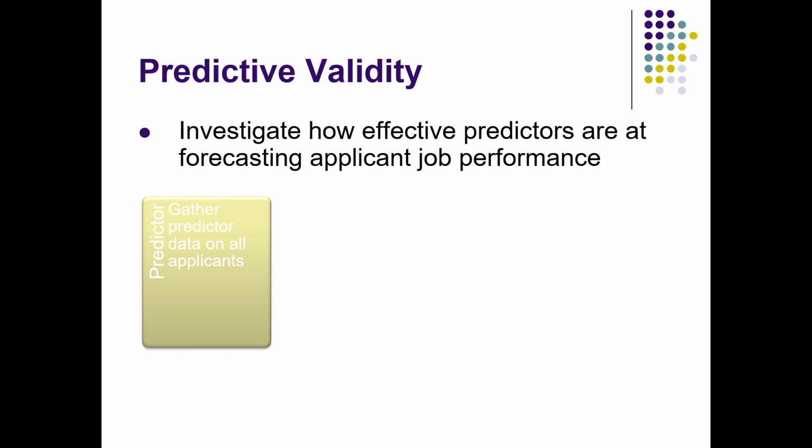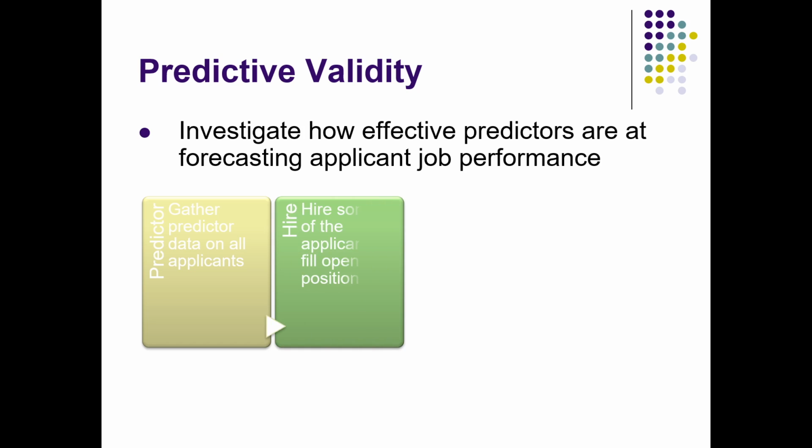So the way that we establish the predictive validity is we gather the predictor data on all the applicants. So everybody who's up for the job completes our battery of tests, whatever we've decided we want to use. We hire some of those applicants to become employees, right? So some of them get hired and some of them don't.